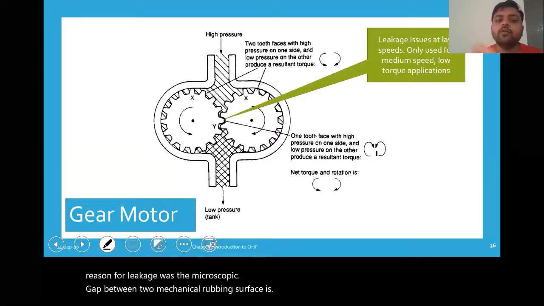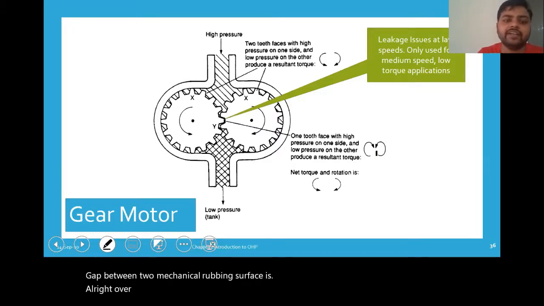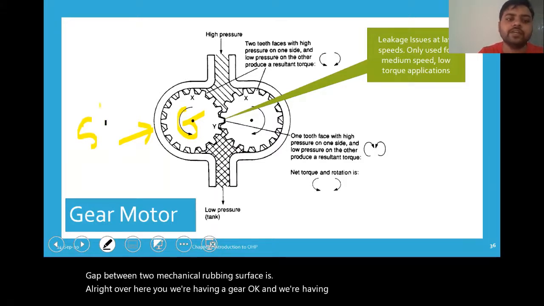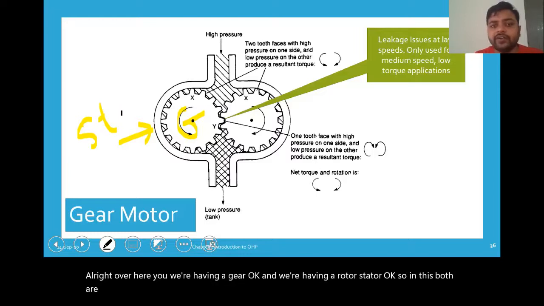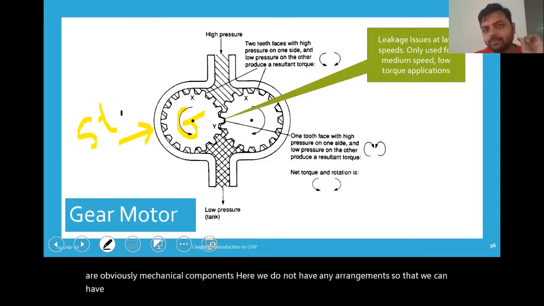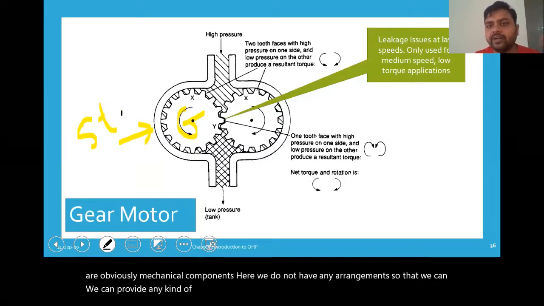All right, over here you see we are having a gear, and we are having a stator. Both are obviously mechanical components. Here we do not have any arrangement so that we can provide any kind of seal. Providing a seal is a very different criterion. It can be provided in very limited situations.